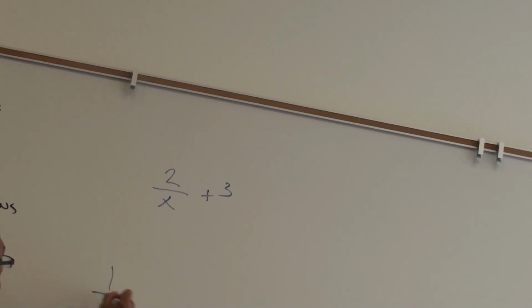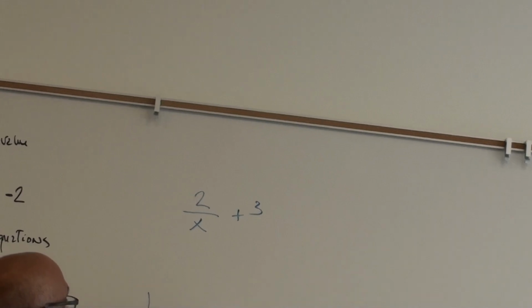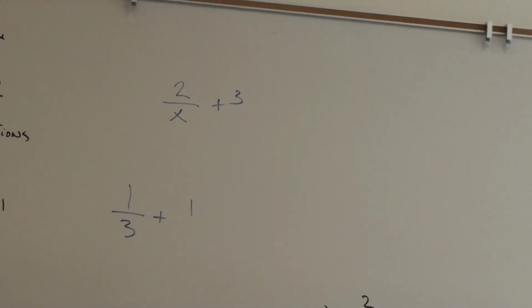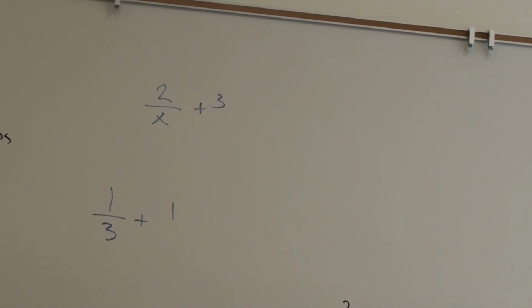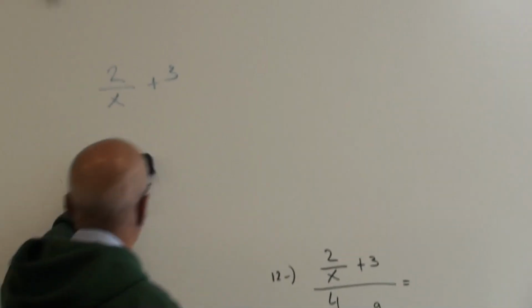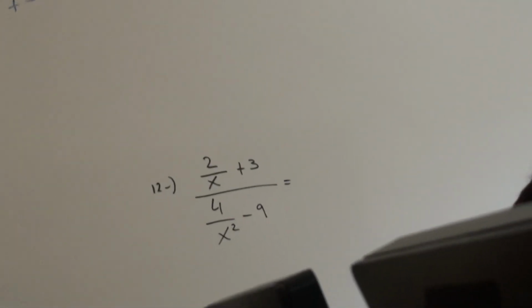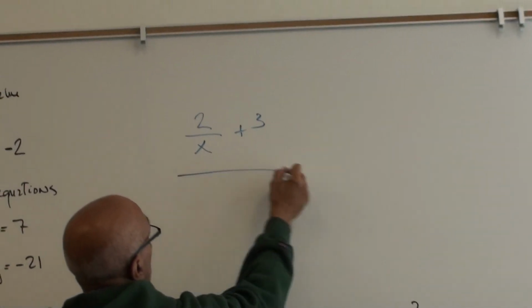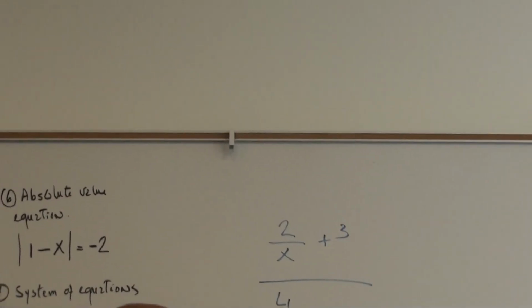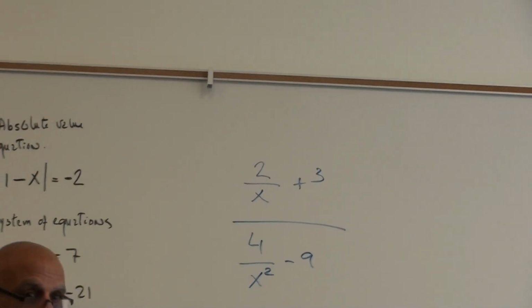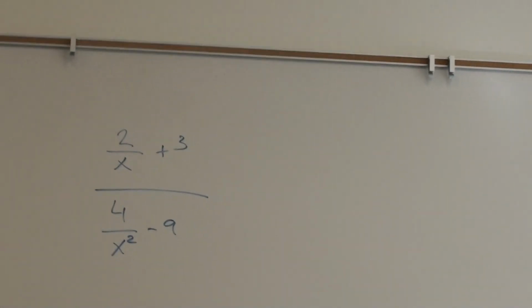If I have 1/3 plus 1, what should be the common denominator here? 3, right? Well, here I have a variable. What do you think? What is the common denominator here? X, right? I need to have x here, okay? What about this one here on the bottom? What is the common denominator here? X squared. X squared, excellent.